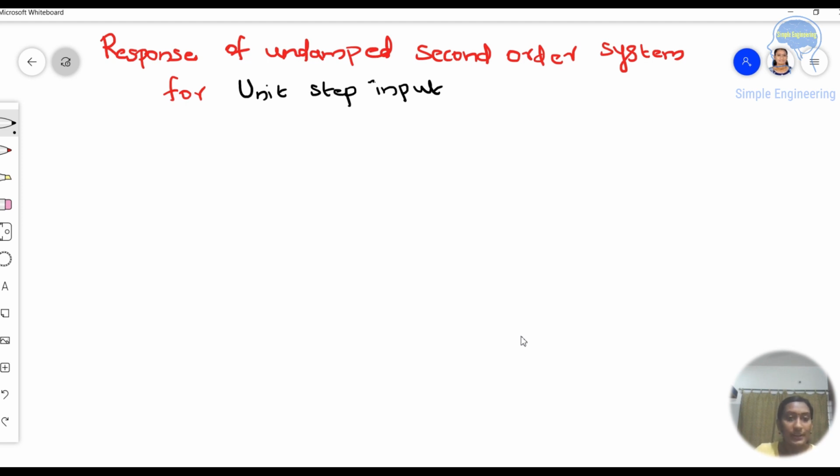In order to find the response, we have to consider the closed loop transfer function of a second order system.